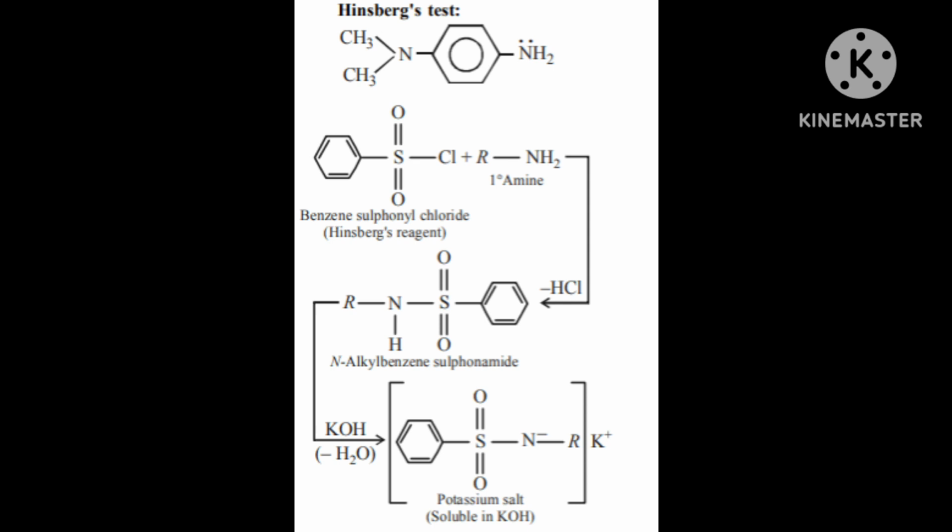One benzene is there, C6H5SO2Cl. The phenyl group is attached to S, and Cl is attached to the same S, and SO2 is already there: S double bond O, again S double bond O, two oxygens.